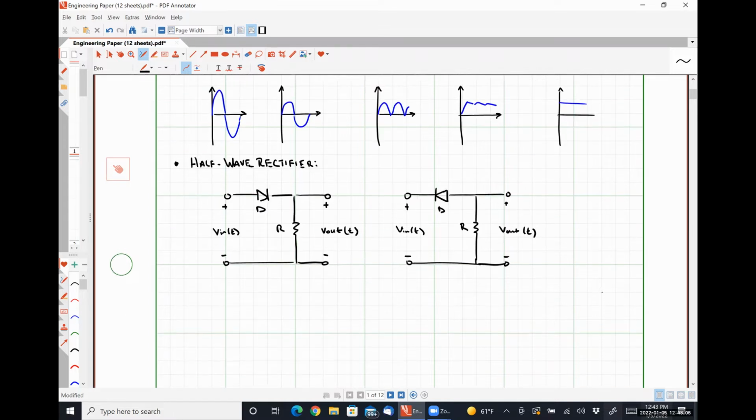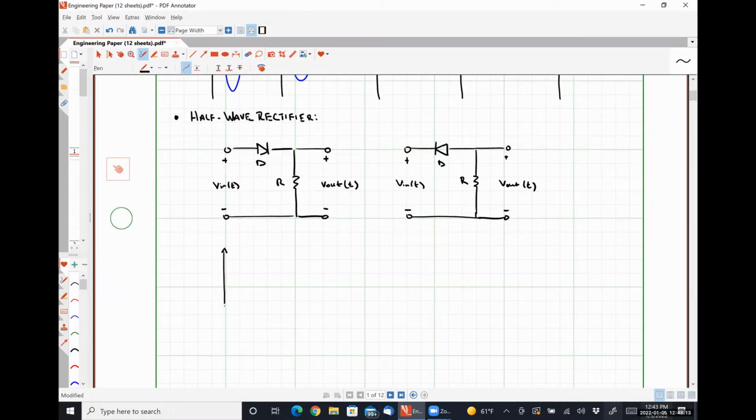So if we're using a constant voltage drop model, we should observe that for an input signal of a sinusoid, I'll try to draw this as least crappy as possible.